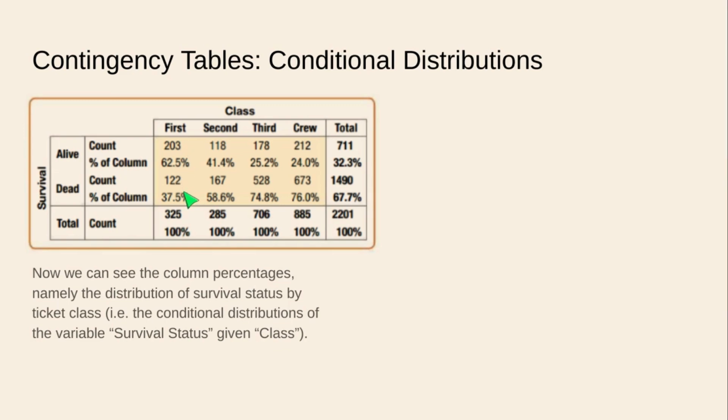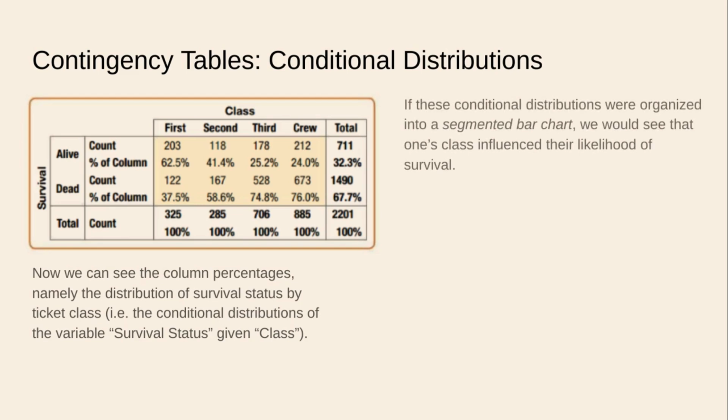What proportion's alive, what proportion's dead? In the world of the second class, what proportion's alive, what proportion's dead? Okay? So that's the difference between column percentages and row percentages. You just flip the condition, all right? What world are we living in versus what breakdown are we analyzing, okay?